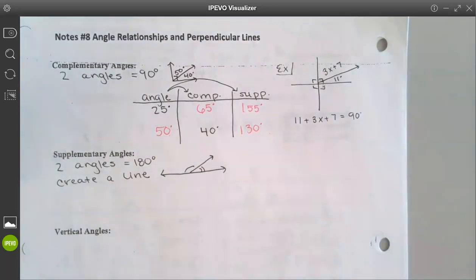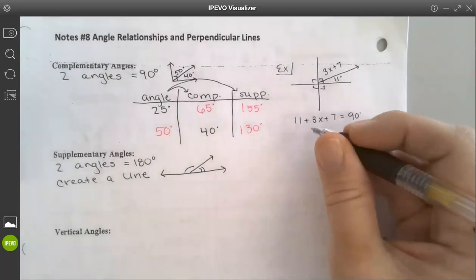So 11 degrees plus 3x plus 7 equals 90, and now I just have an equation to solve. It's just like the beginning of this unit where we had a generic angle given to us, and we knew that part plus part equals whole. It's not telling us an additional thing for the outside of that angle.